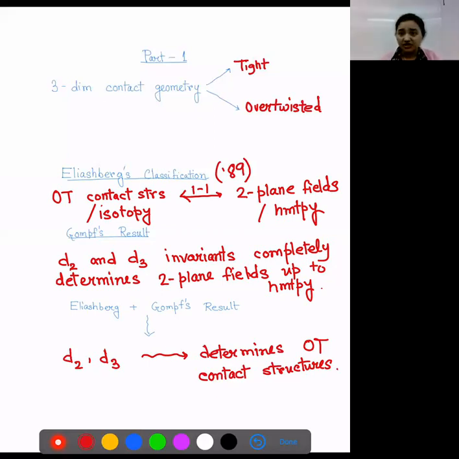Now, due to this classification, the knot theory associated to over-twisted contact structures became less explored. So recently, mathematicians started working on this, and they are finding lots of interesting results. And also, it turns out that the knots in over-twisted contact structures are very different than knots in tight contact structures. So in this talk, I'm going to talk about these knots.